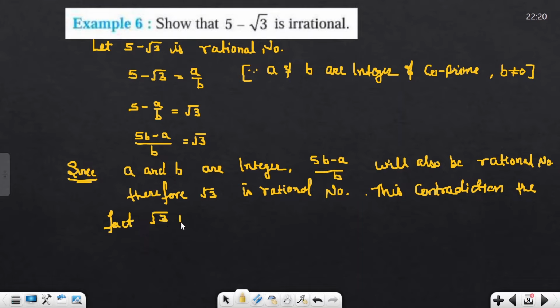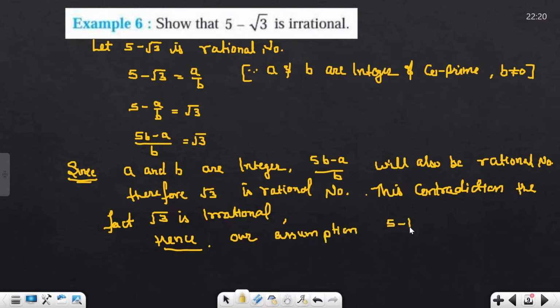Root 3 is irrational, hence our assumption 5 minus root 3 is rational is false.